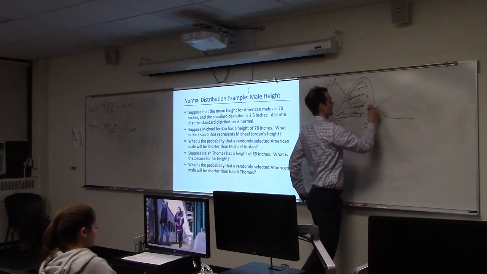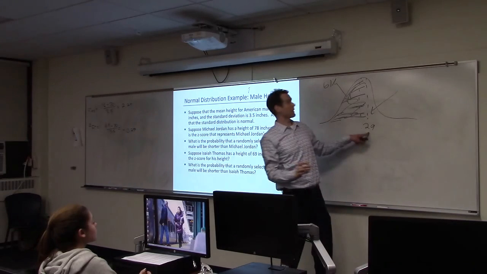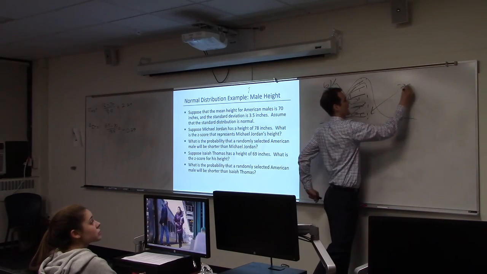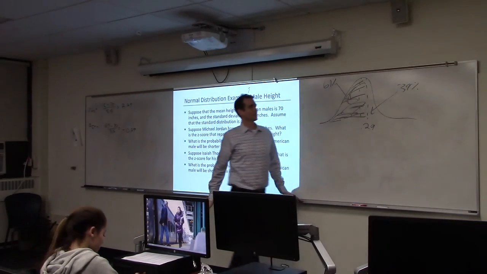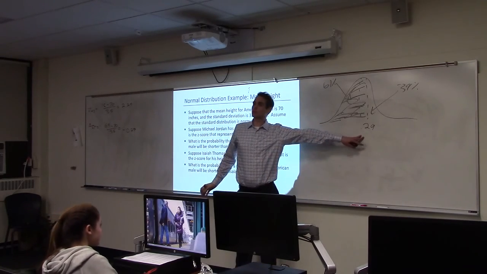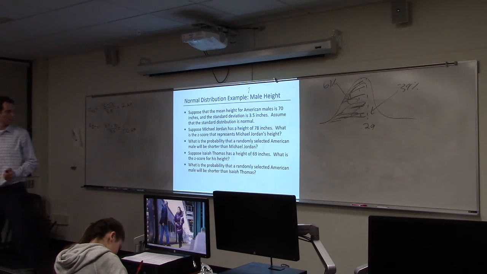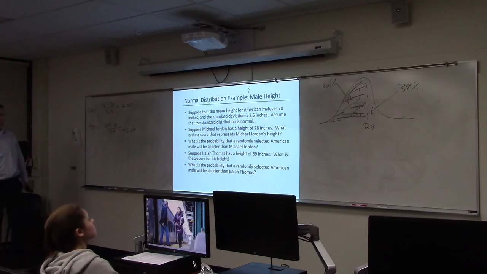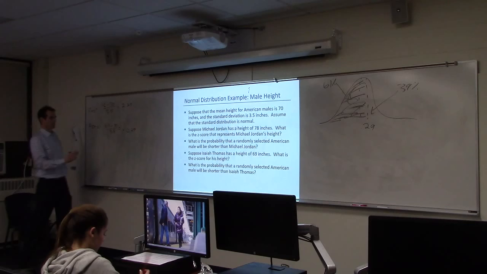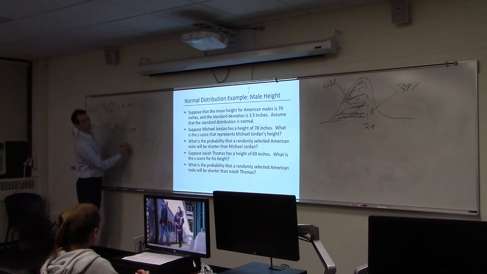So if this were positive 0.29, this would be 39%, and if it were negative 0.29, we could just flip those around. So the probability of a randomly selected male being shorter than Isaiah Thomas is 39%.